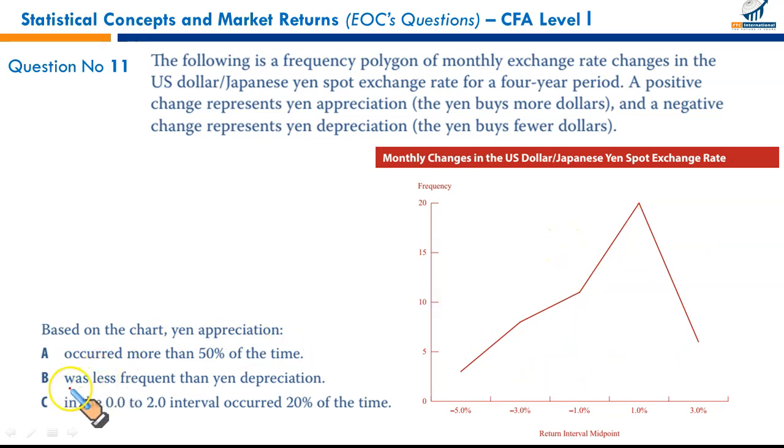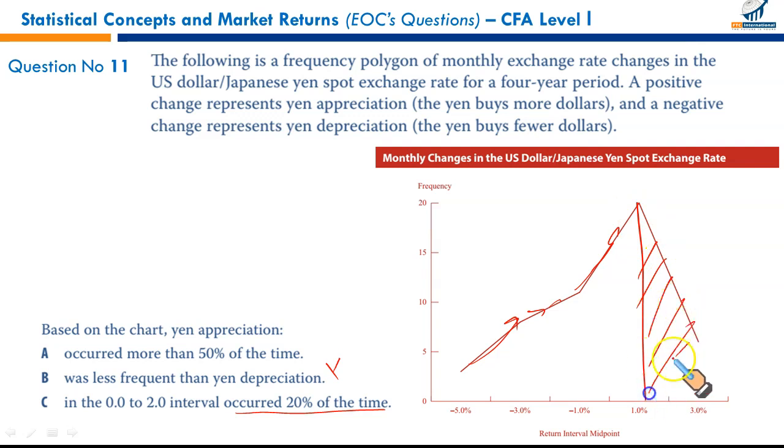Why not B? Yen appreciation was less frequent. Appreciation, in fact, was more frequent. Incorrect. The 0 to 2.0 interval occurred 20% of the time. We cannot calculate with absolute accuracy because we have not been given the data in a proper tabulated form.